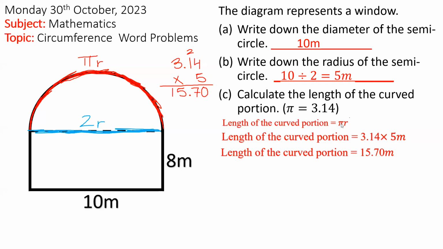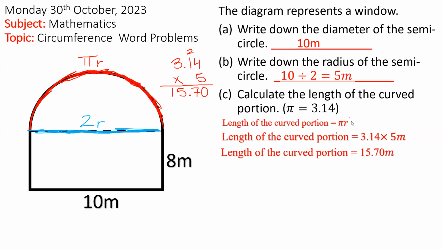Then we needed the r, the radius. The radius is 5 because it's half of 10. We multiplied the 3.14 and 5, and that was 15.70. Very good.